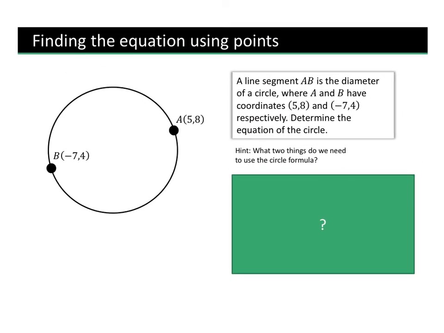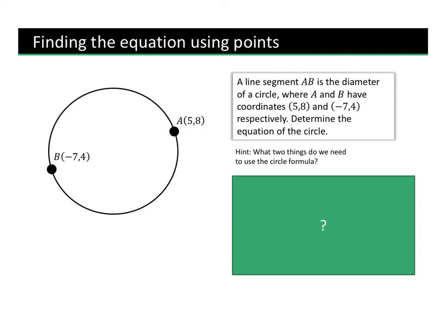So if we're given 2 points which are a diameter on a circle, and it asks us to determine the equation of the circle, what do we need? Well, we know for the equation of the circle we need the centre point and we need a radius. How do we find the centre? Well, we know if these 2 points are on the circle and it said that the line segment AB is the diameter, we know it passes through the centre.